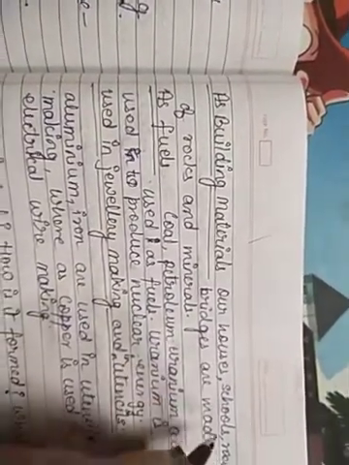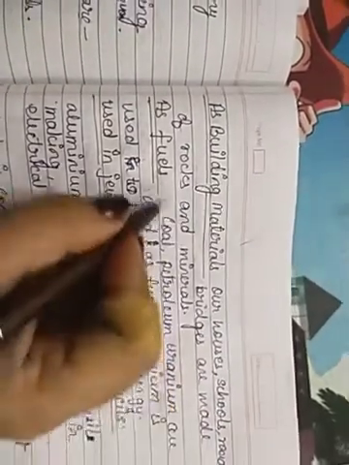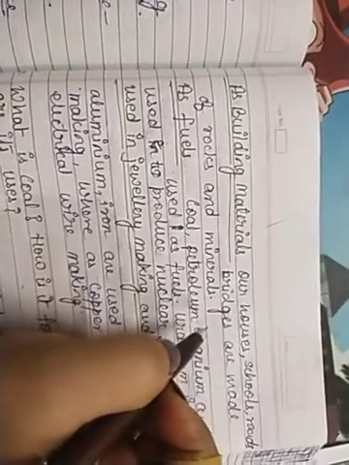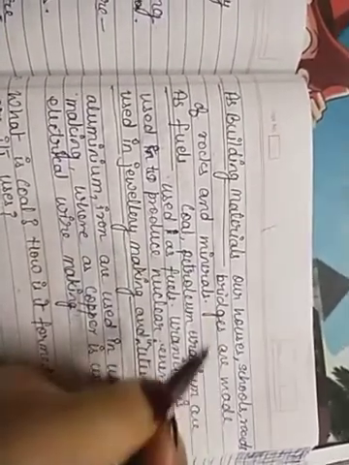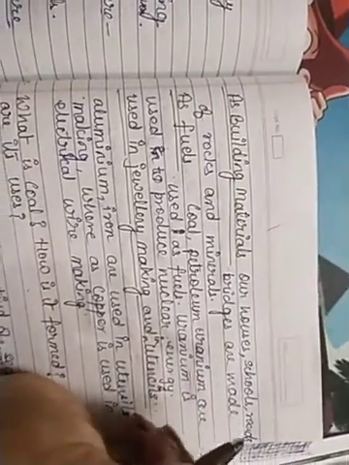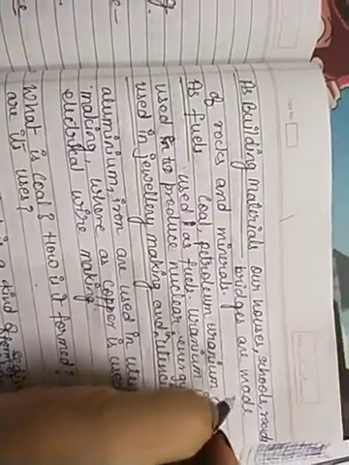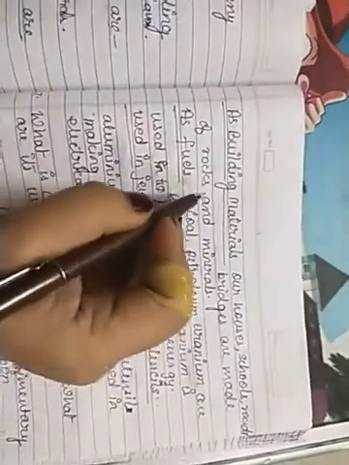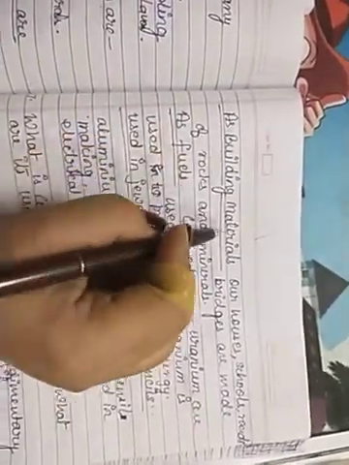Our houses, schools, roads, bridges are made of rocks and minerals. So maximum things which you see in your surroundings, the infrastructure, buildings, the houses, schools, roads, bridges, hospitals, offices, so many buildings are made of rocks and minerals. So the first use of rocks and minerals is as building materials.